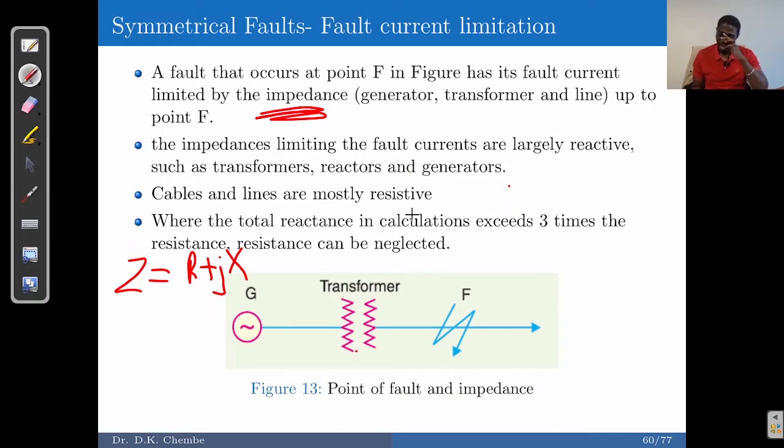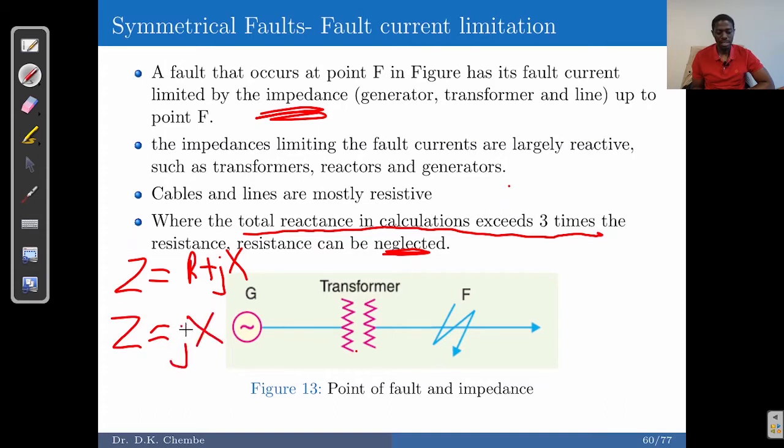But in a case where the fault currents, like we mentioned, may be largely reactive, especially if the total reactance in the system exceeds 3 times that of the resistance, then resistance is neglected. So what remains of the impedance is simply the reactance. This is an important point for analysis, because in our calculation we have to focus mainly on the reactance as the form of impedance that limits the current.